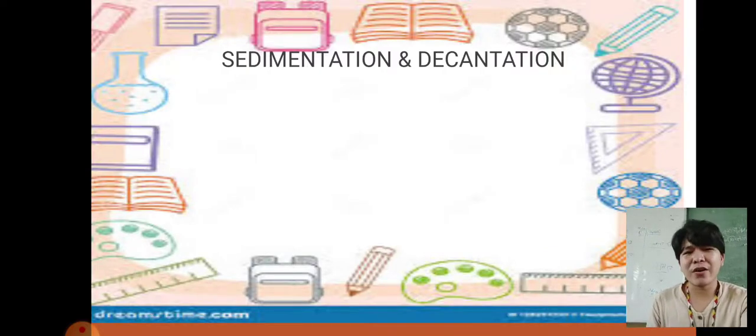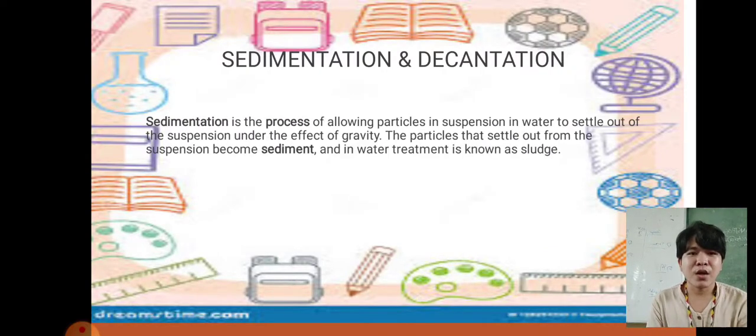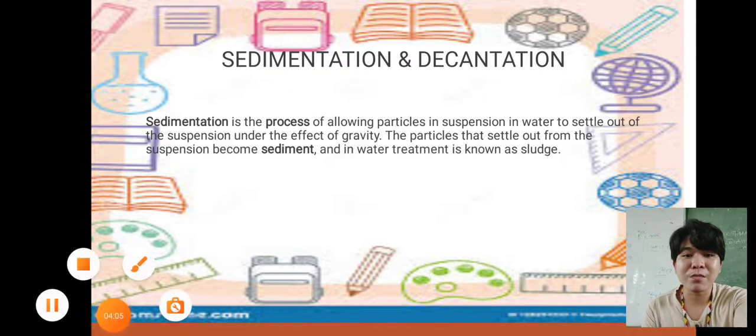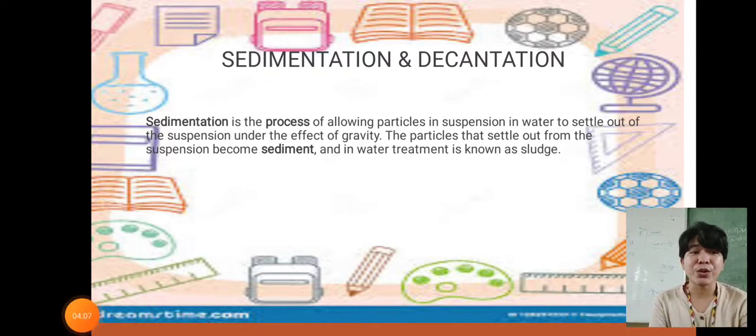And of course, we have sedimentation and decantation. Sedimentation is the process of allowing particles in suspension in water to settle out of the suspension under the effect of gravity.